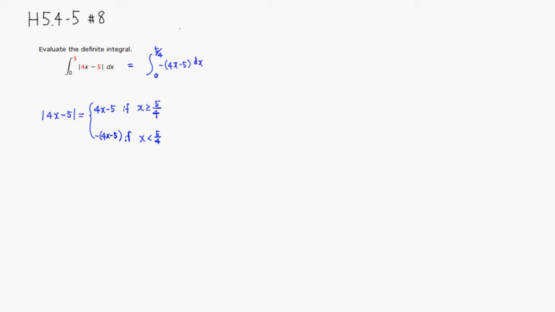And plus, we finish it up from 5 quarters to 5, where the function is 4x minus 5. So we just have to evaluate those separately.